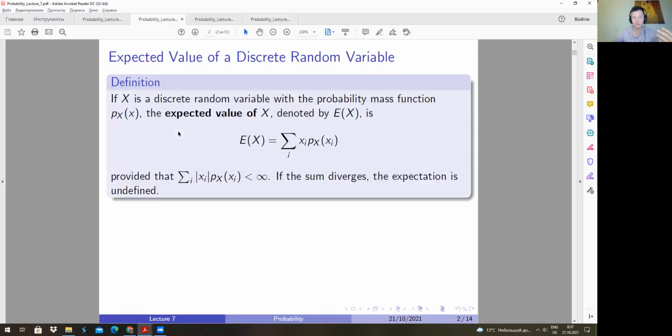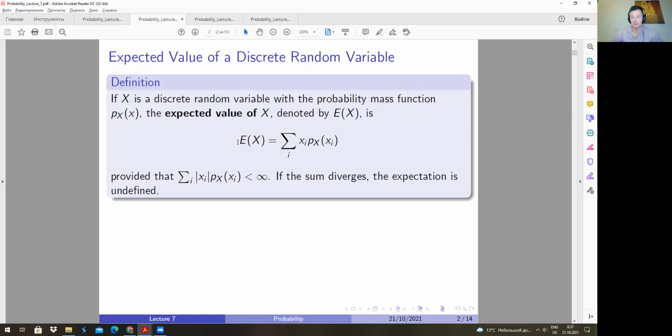So first, the definition. Definition for a discrete random variable, because we are going to have a discussion for both types of variables, for discrete variables and for continuous variables. So if we have a discrete random variable and we have some probability mass function for this random variable, p_X(x), the expected value of X, which we denote E[X], is the following.